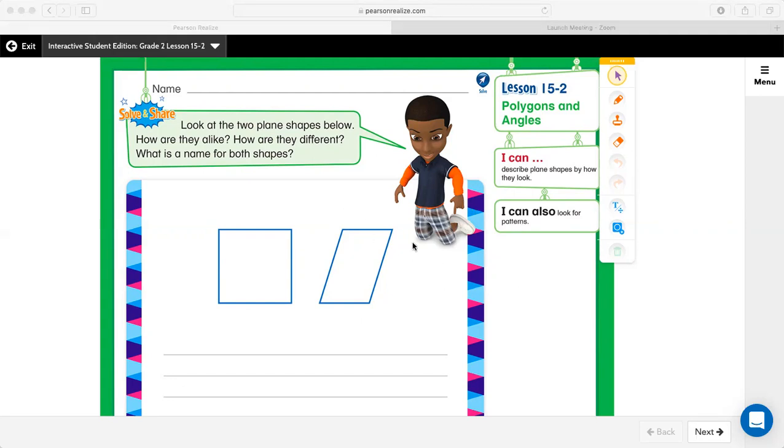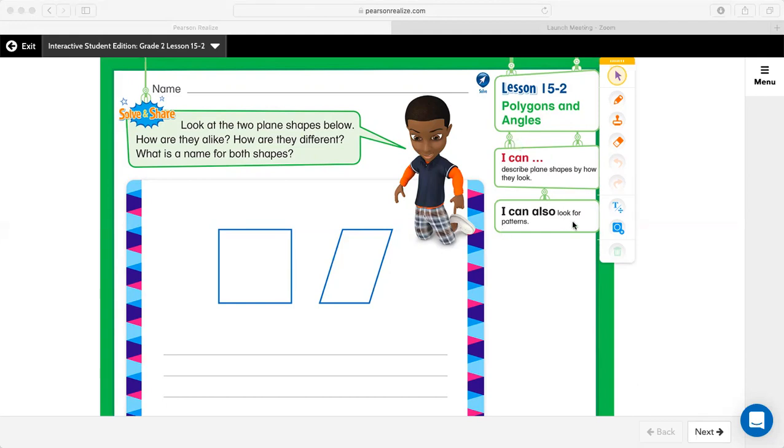Then she starts to talk about how they're different. And she says, shape 1, all of the sides are equal length. If you were to take out your ruler and measure each of these sides from corner to corner, they would all be the same length. So she says she knows that that must mean that this is a square, right? A square is a shape that has 4 equal sides.